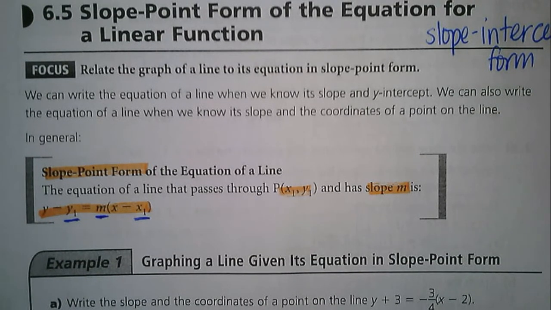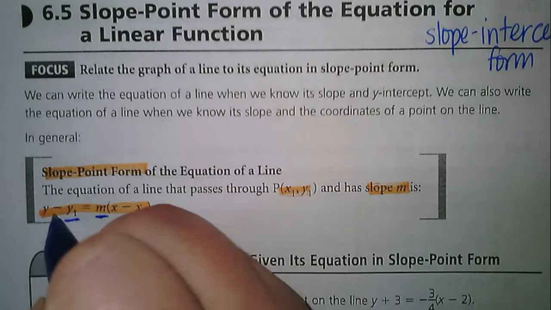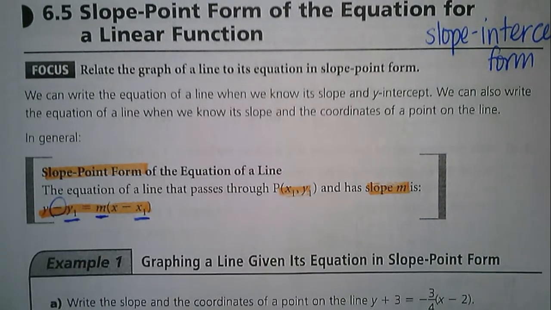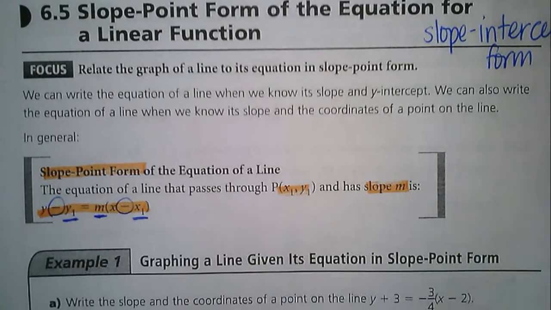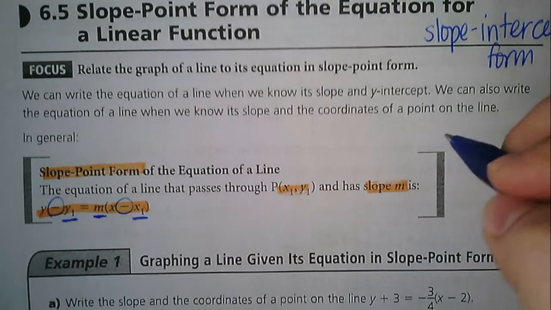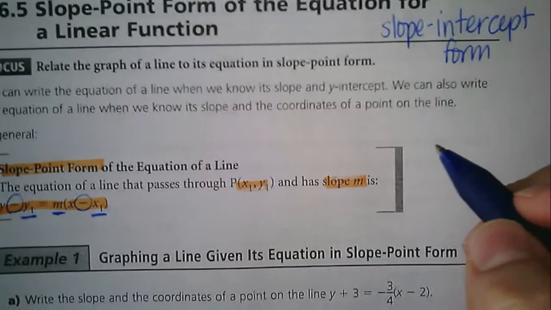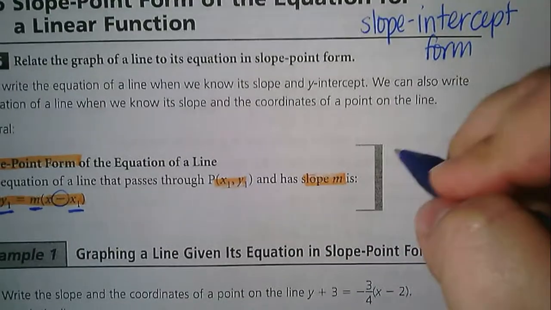Now, there's one really important thing to note with this formula. You'll notice that there's a negative sign between the y and the y1, and a negative sign between the x and the x1. So I'm going to make a little note here, and I'd like you to add this into your own notes as well.